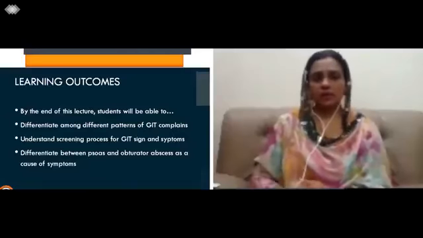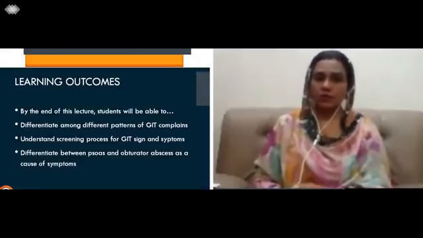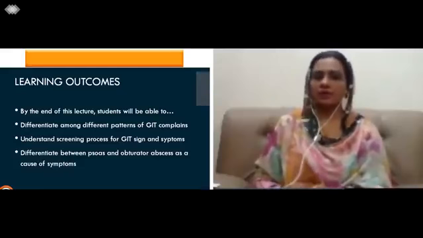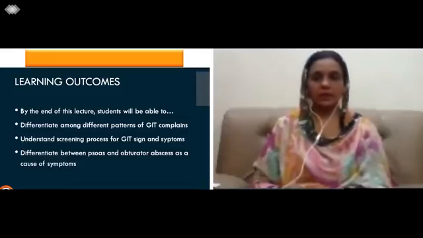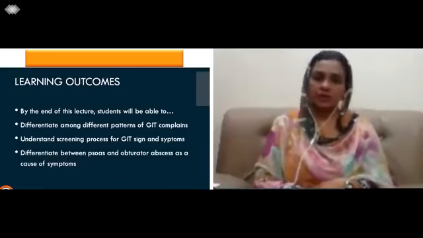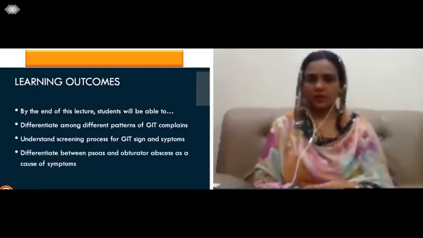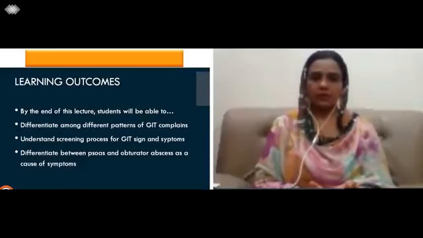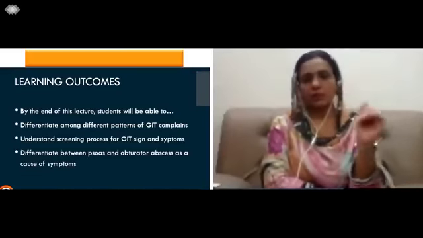As a part of that, we'll be discussing different signs and symptoms, and hopefully by the end of this lecture, all of you will be able to differentiate among different patterns of GIT complaints: what can be the causes behind those complaints and what can be the pattern of those pains. You will also understand the screening process for GIT silent symptoms, the main clues that can help you screen them, so you can include them in your history taking or screening process.